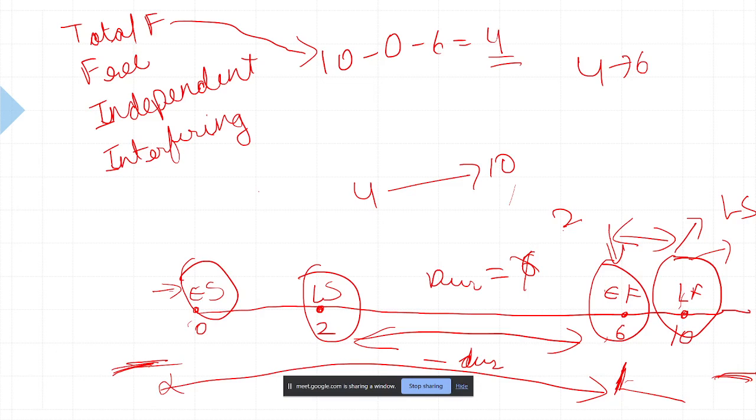Sorry, one doubt, sir. When we are in the network diagram, doing the forward pass, we are calculating the ES and we are calculating EF equal to ES plus duration, correct? But in that case, it will never occur that EF minus ES minus duration will be 0, right? Yeah, that can happen.